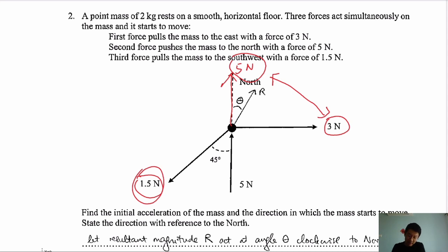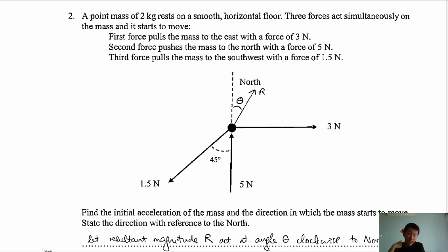So we expect that the mass will move somehow in the first quadrant. This is what is provided in the mark scheme. We will see other similar ways to work on it later.